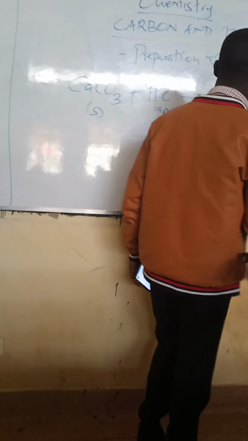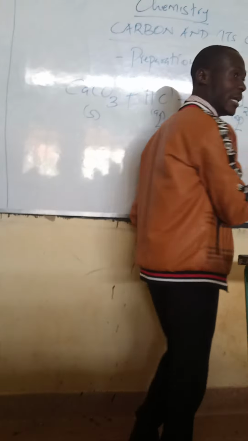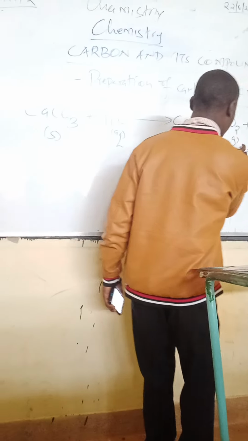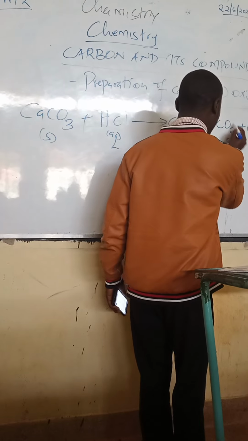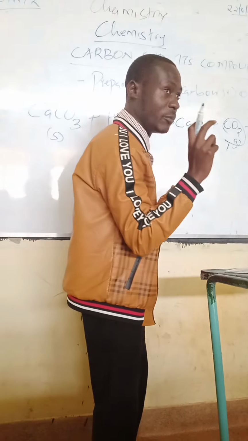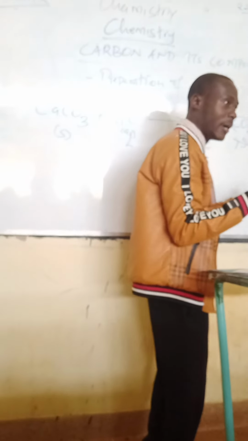And water. So we are not interested in the two, but we are only interested in the carbon dioxide. This carbon dioxide formed, we shall see bubbles of a colorless gas being what? Evolving.